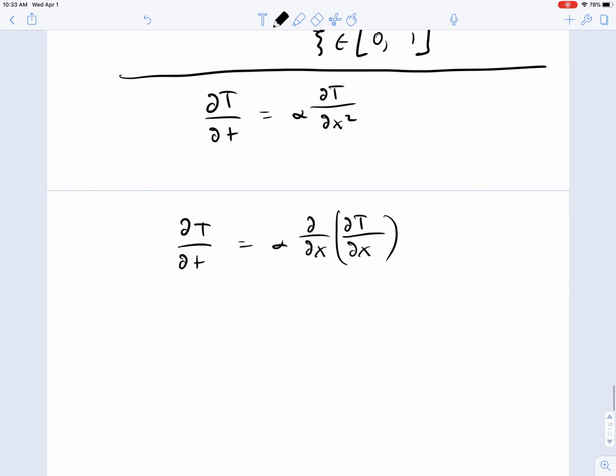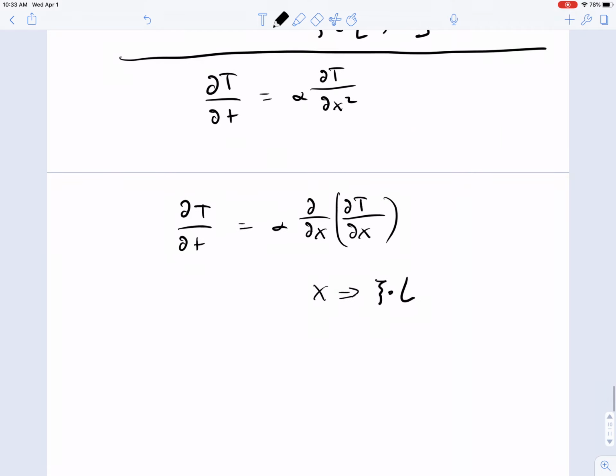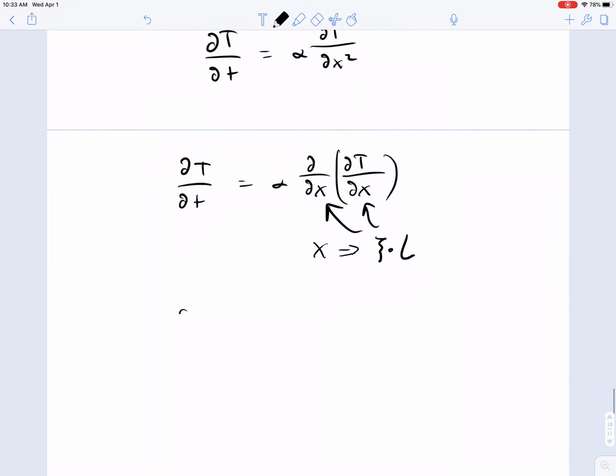So if we simply take this transformation, x equals psi times L, and stick this relationship in for your variable x, we can recast this equation in the following way: alpha del by del psi times L of del temperature del psi times L.